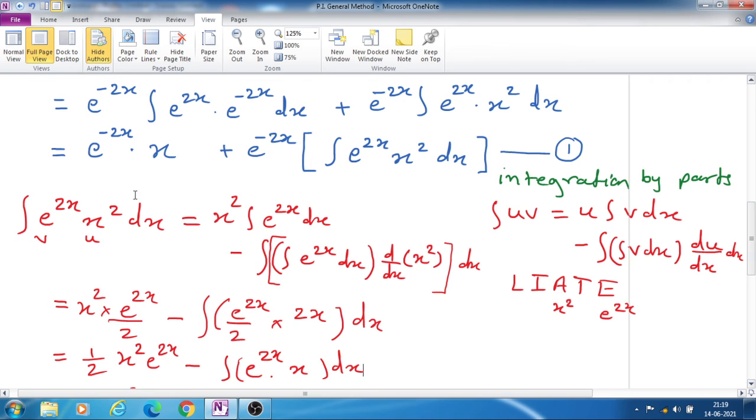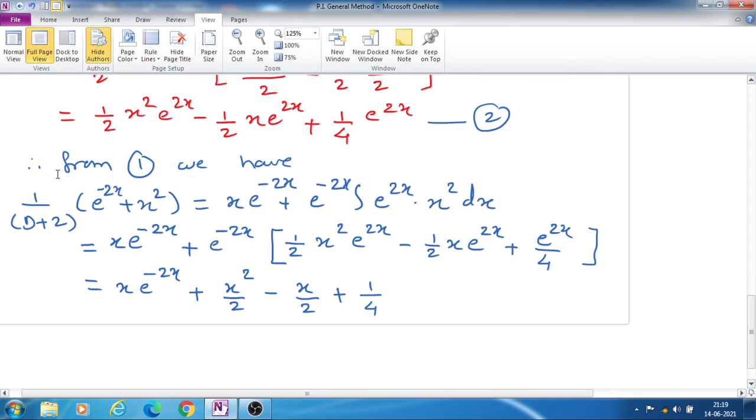Now we have to substitute that value here, and this is our answer. So we write again here, on the LHS is 1 upon D plus 2 e raised to minus 2x plus x square, which is equal to x e raised to minus 2x and so on.